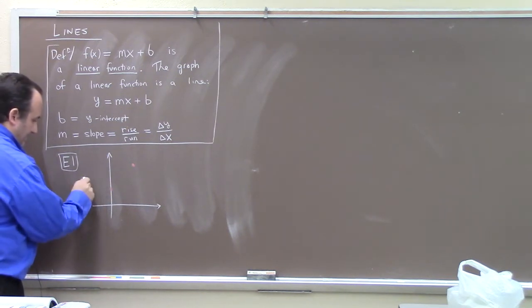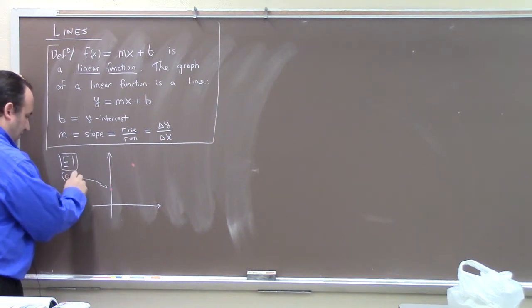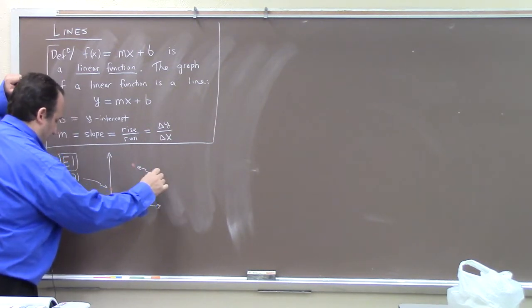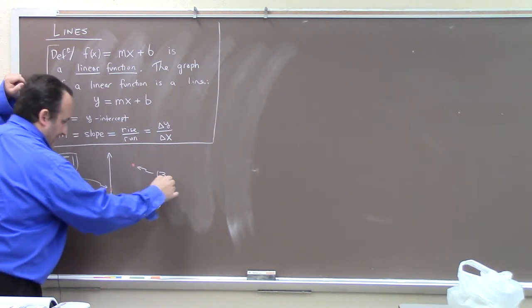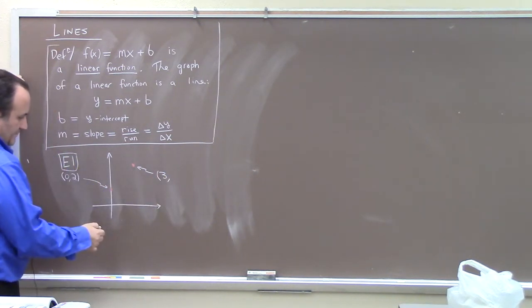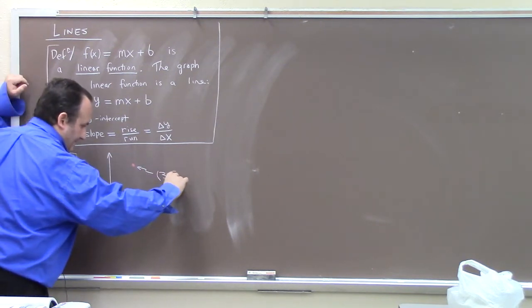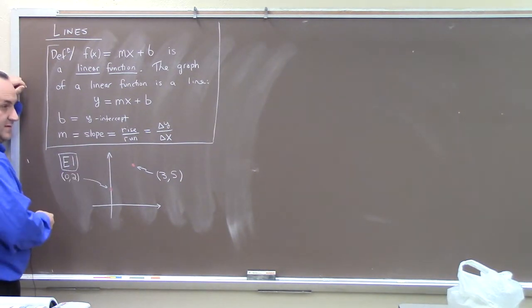This point here is (0, 2). And this guy up here is the point, let's say, (3, 5). All right? So given those 2 points, can you draw the line that goes through those 2 points?